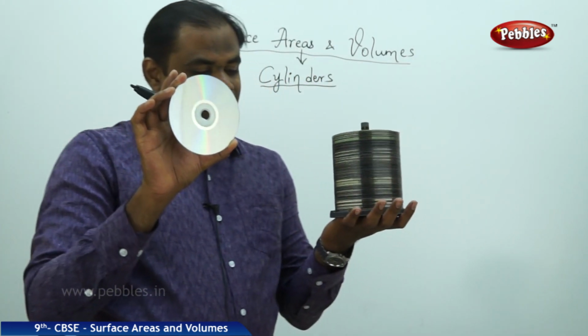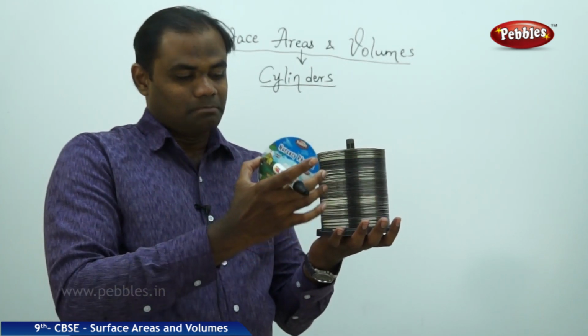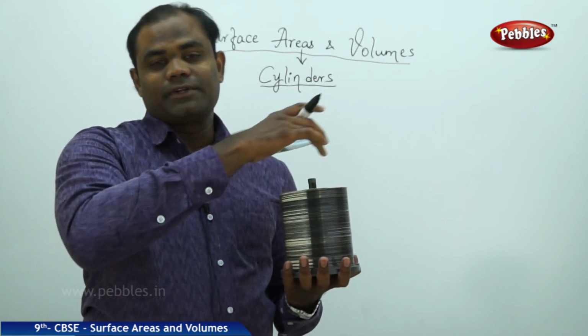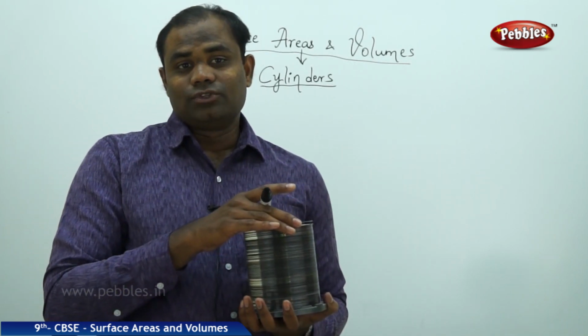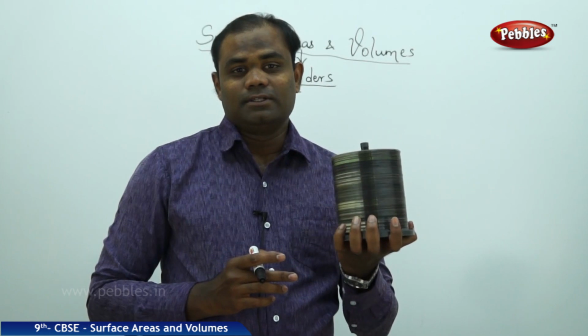So I see this CD stand to be a set of all circles built up so that it forms a three-dimensional shape. So let's understand a cylinder through the concept of the CDs.